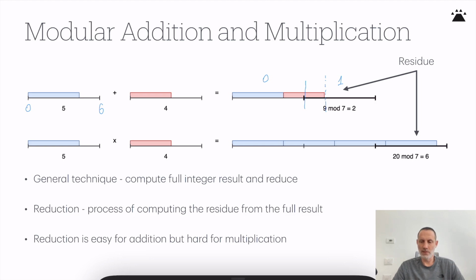And as the fields or groups or rings, more correctly, grow, there can be many copies of the basic size that we need to remove, and it's often hard to directly compute this. And this is basically what modular multiplication is about, and we will discuss how to do this efficiently in this course.